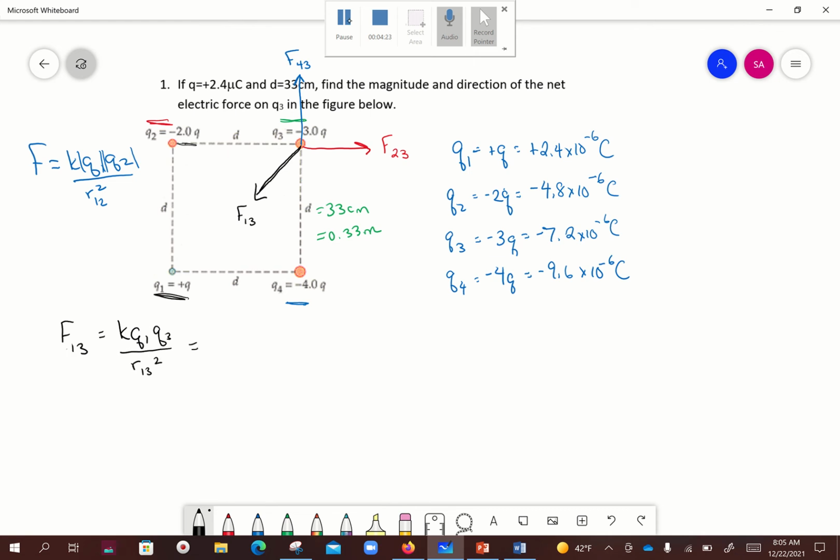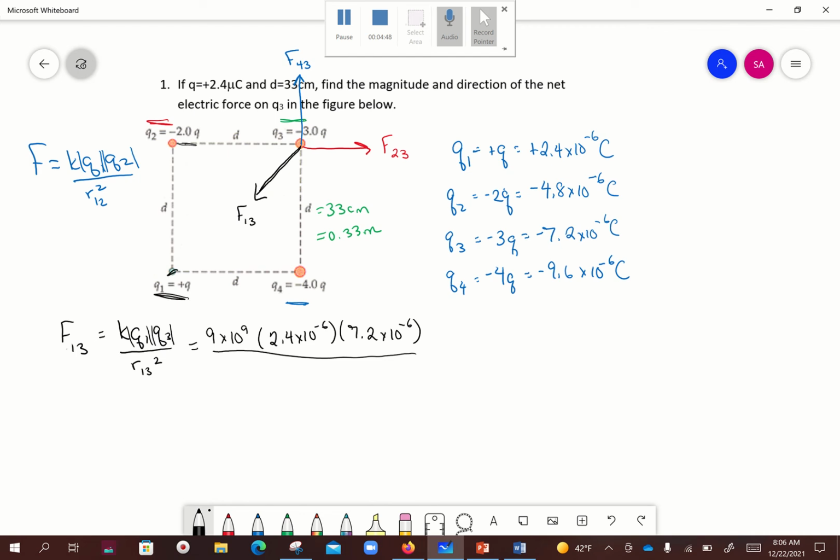So that's k, 9 times 10 to the 9. Remember, I'm going to use the absolute values and ignore the signs of the charges. So Q1 is 2.4 times 10 to the minus 6, and Q3 is positive 7.2 times 10 to the minus 6. Then at the bottom, I need the distance between 1 and 3.